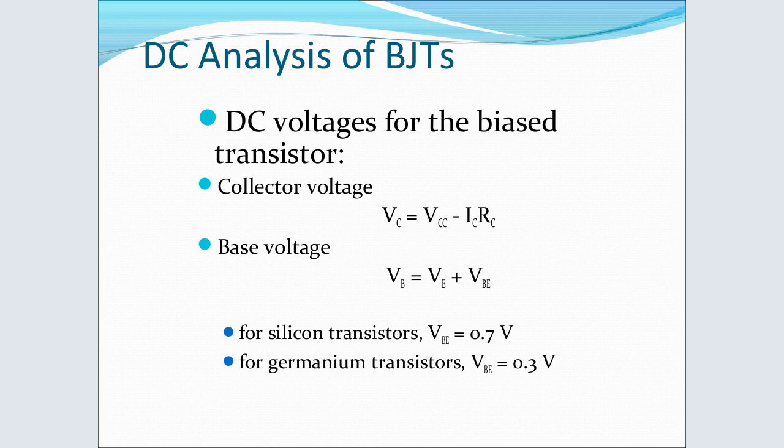So in terms of the voltages, those are the interpretations. The collector voltage VC, we can get it from VCC, that is the collector voltage supply, minus the voltage drop, that is IC multiplied by RC.